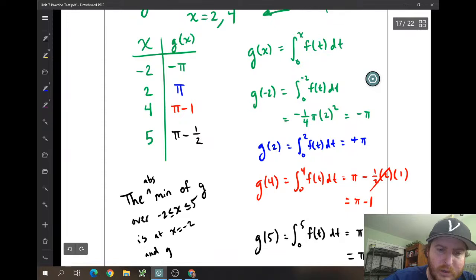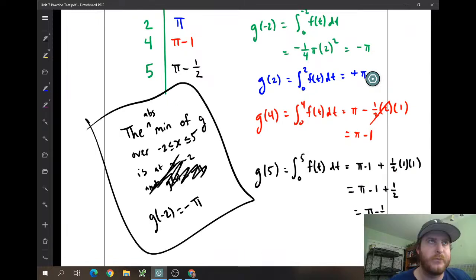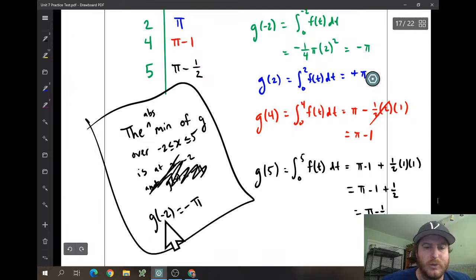Or we could say at g of -2 equals -pi. That's probably the better way to say it. That's a little bit better, so I got the x value in there and then the result.